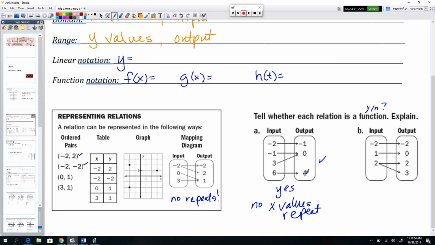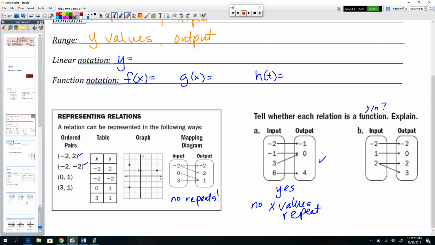But then the next day, my boss tells me if I sell 6 cell phones, I'll get paid $3. You say, wait a second. You can't tell me that if I sell 6 cell phones, I get paid both $4 and $3. You got to pick one. Okay, that's not a function. That's not predictable. If I have an input, I can't predict what the output is. So if this 6 went to another place, I would not have a function there. I hope that real life example helps solidify the concept for you.